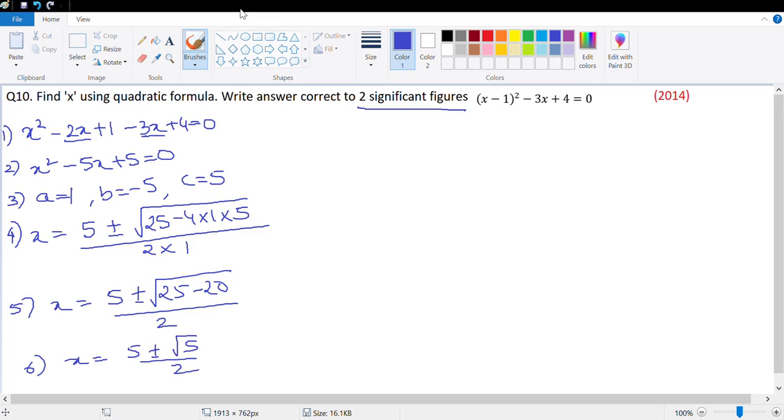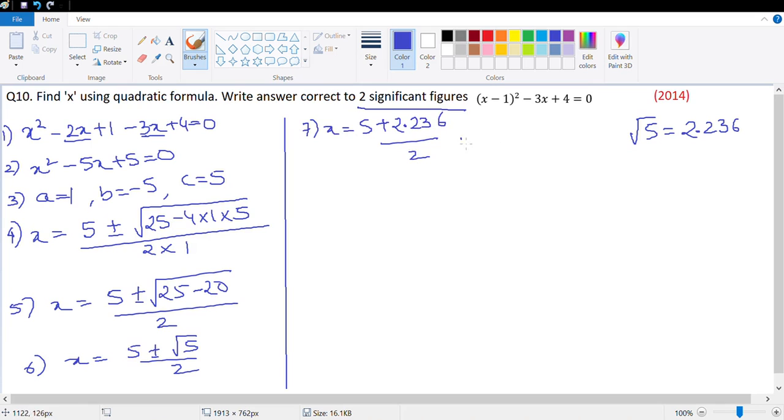Now, the value of root 5 as per the square root table given in your book is 2.236. Yes, square root 5 is equal to 2.236. So what we have is x is equal to 5 plus 2.236 upon 2 or 5 minus 2.236 upon 2.